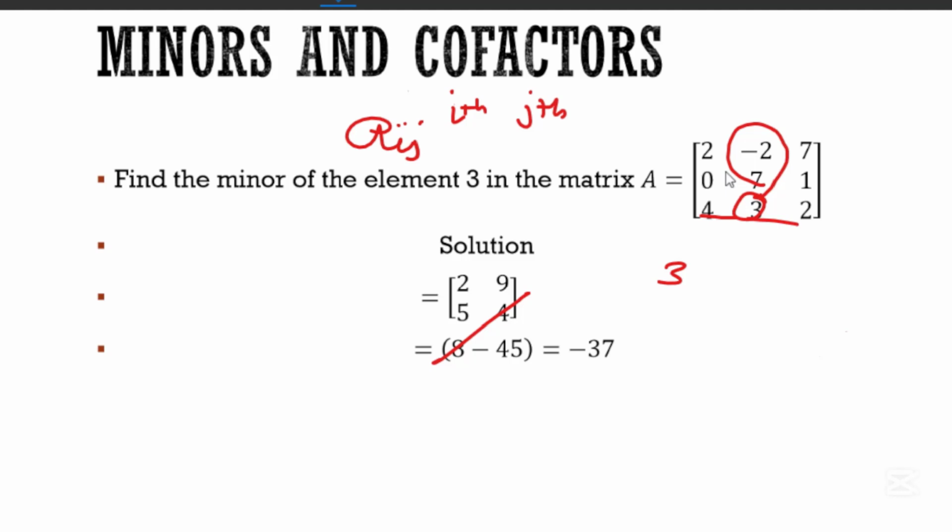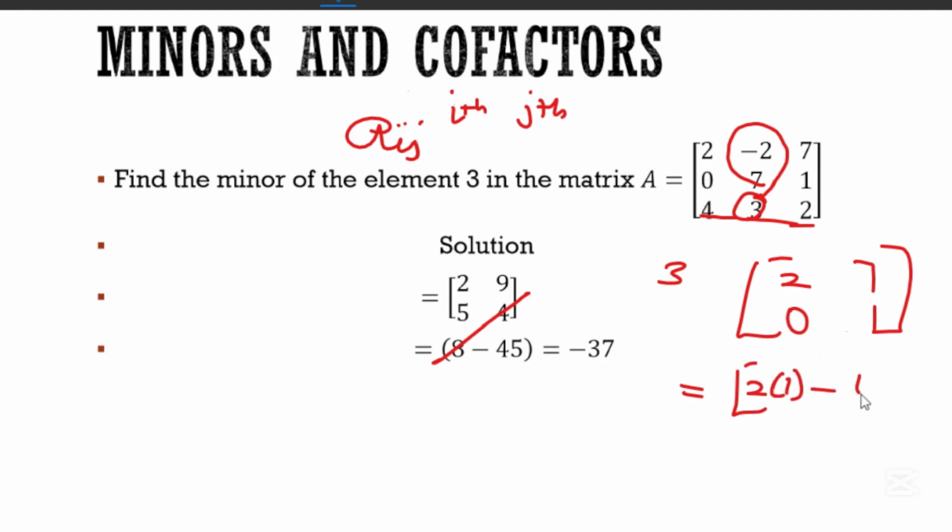The remaining elements are 2, 0 and 7, 1, and then we find their determinant. So 2 times 1 minus 0 times 7. 2 times 1 is 2, minus 0, which is 2. So 2 becomes the minor of the element 3 under consideration.